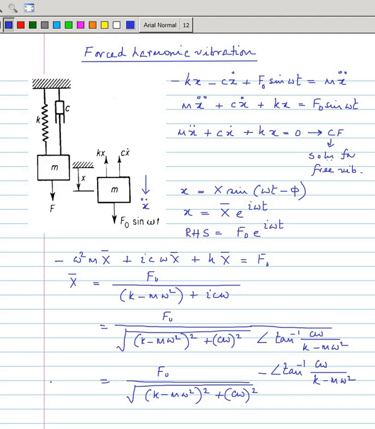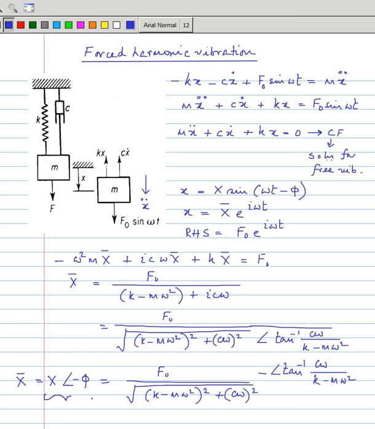So this we can take as x bar, equal to the amplitude times e to the power minus i phi, or angle as minus phi. That means this is X e to the power i, minus phi.